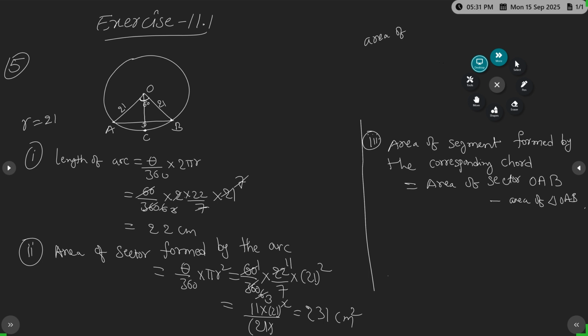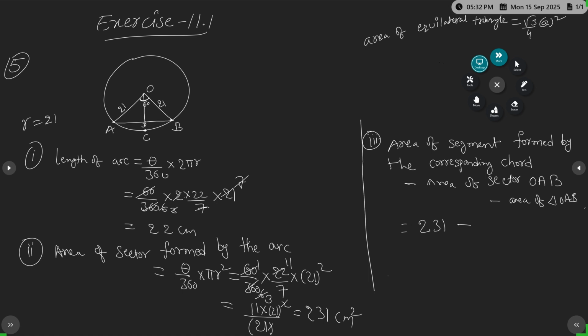Here a means radius. So area of sector OAB value is 231 centimeter square minus area of triangle OAB.